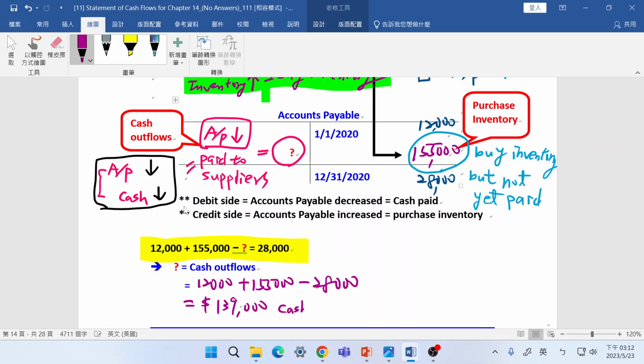Remember, this is your cash outflow. Okay, any questions? No problem?